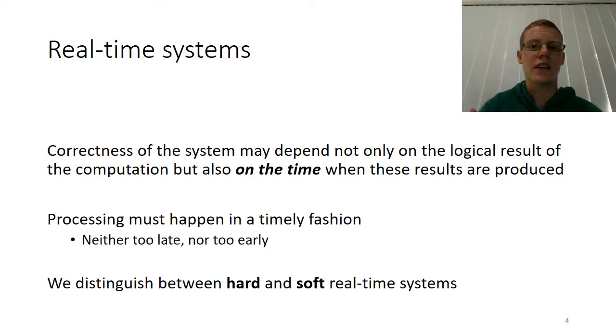If processing to calculate some aspect of certain results happens before some of the results are ready, then that will not have met the appropriate correctness of our system. In the next few slides, we're going to distinguish between two broad types of real-time system that we will talk about, and those are hard and soft real-time systems.